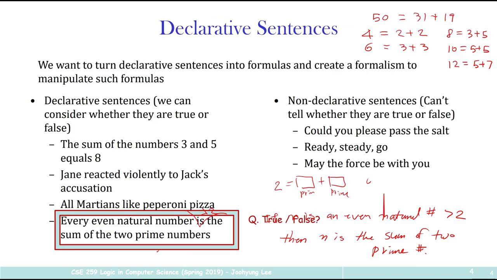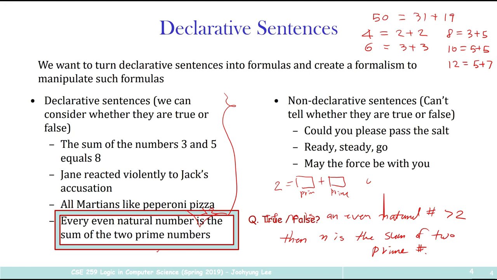By the way, what we want to say here is we are going to consider sentences of this kind where we can say we don't know whether this is true or false, but in principle it should evaluate to true or false. These are the sentences that we are considering. Non-declarative sentences like imperatives or questions, we don't care about.